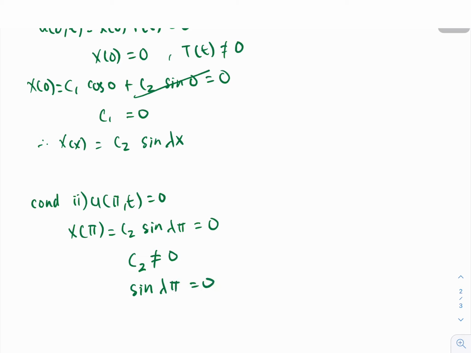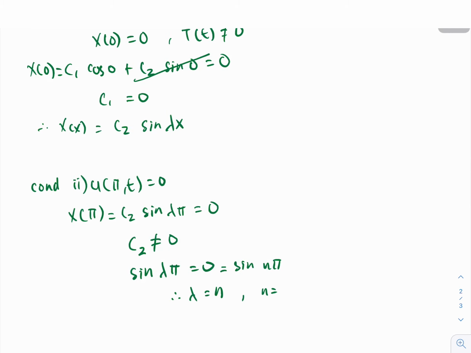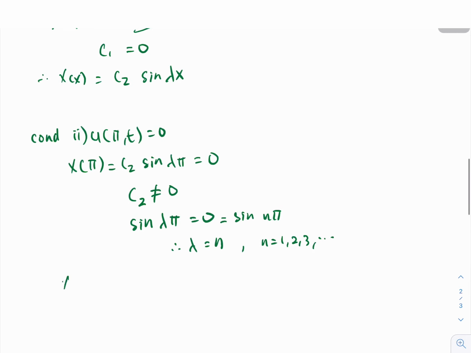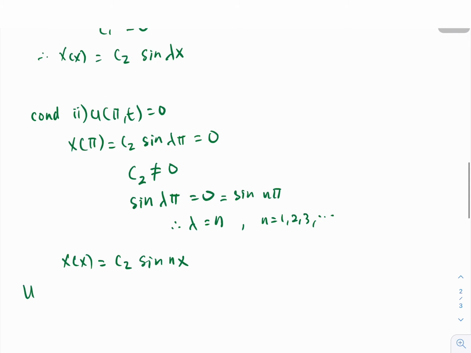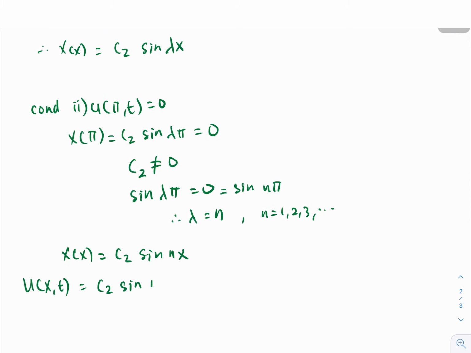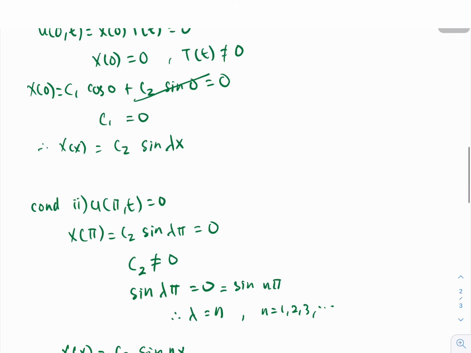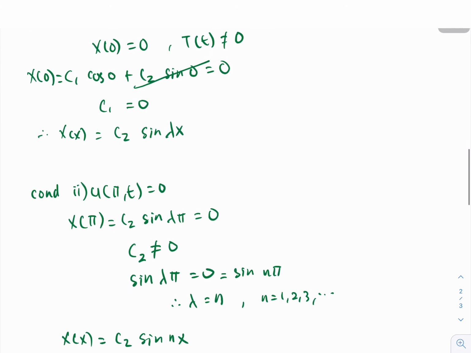We also know that sin n pi is always equal to 0. So we can compare, therefore lambda equals n, where n equals 1, 2, 3, and so on. If we rewrite our X(x) equals C2 sin nx, therefore our u(x,t), X multiplied by our T terms, which is C3 cos.